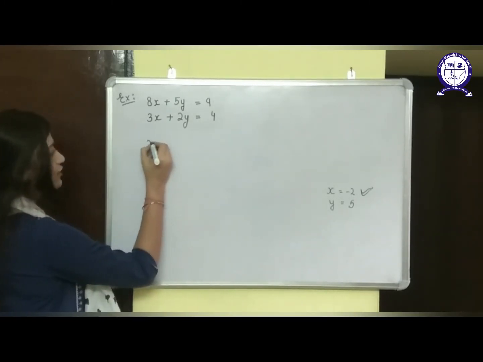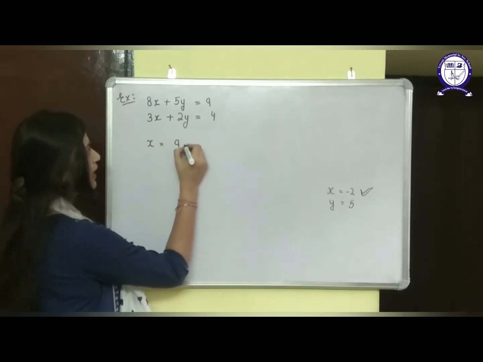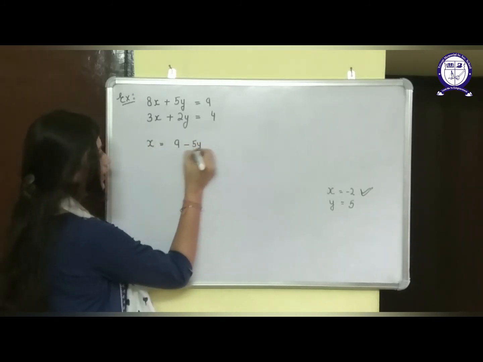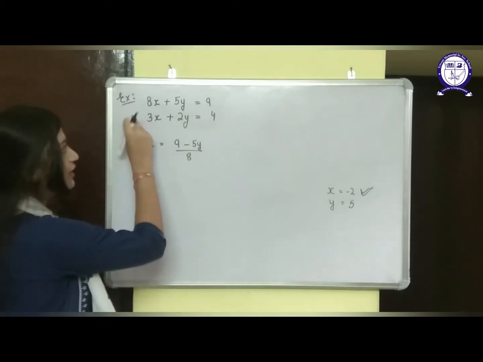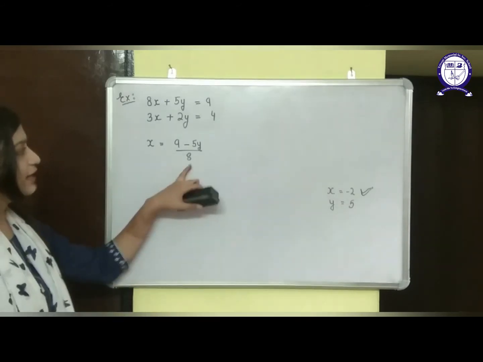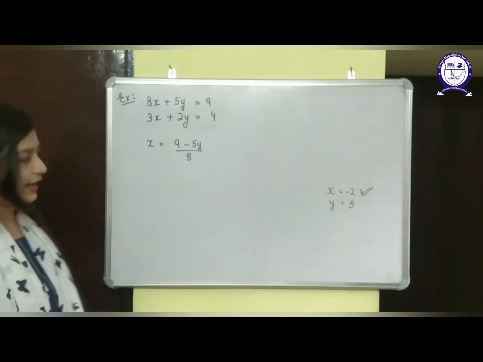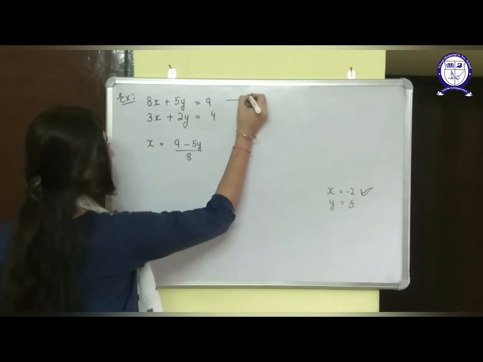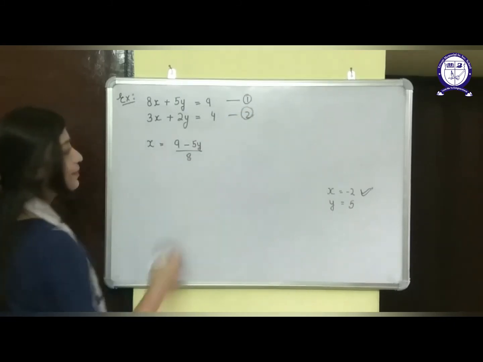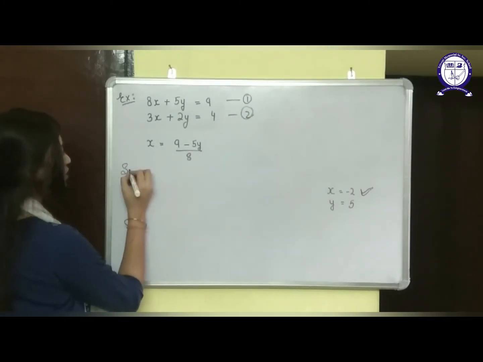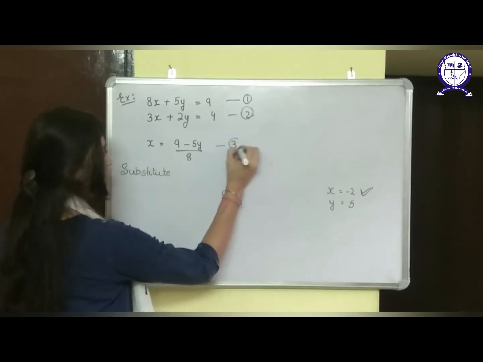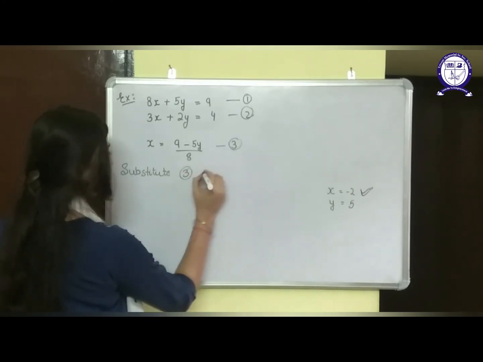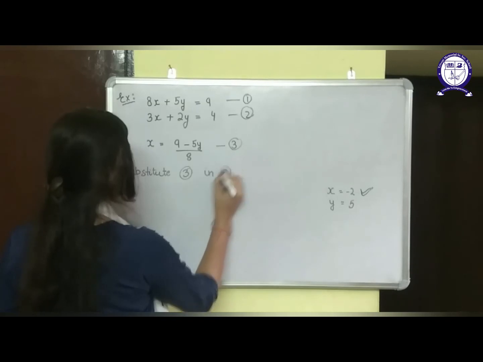From the first equation, the value of x is 9 minus 5y upon 8. Right? From the first equation I will get the value of x as 9 minus 5y upon 8, and I will substitute it in the second equation.